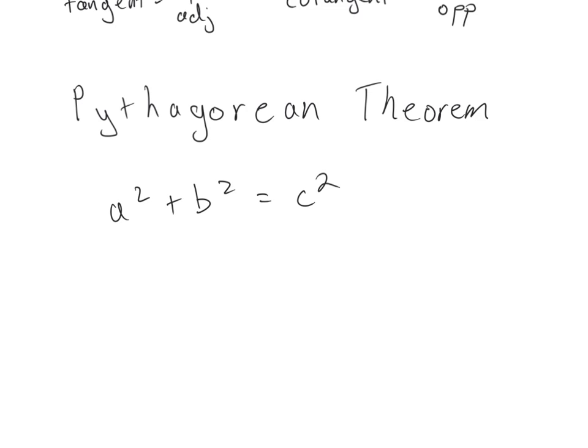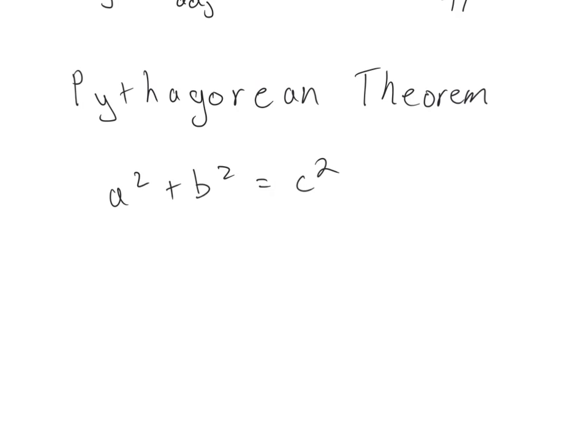So everything is now intertwined together, working together beautifully to give our answers. So let's say we were given tangent of theta equals 4 over 5. And they want us to find the rest of that.